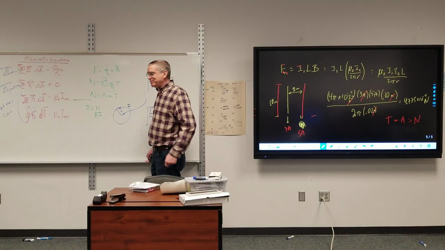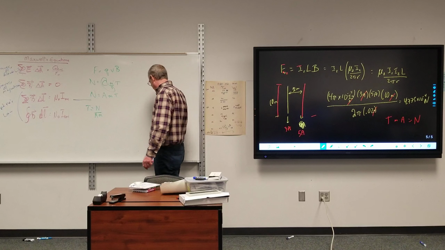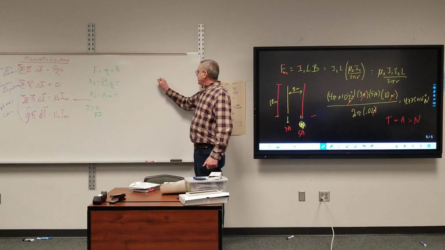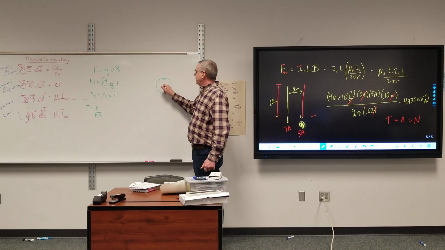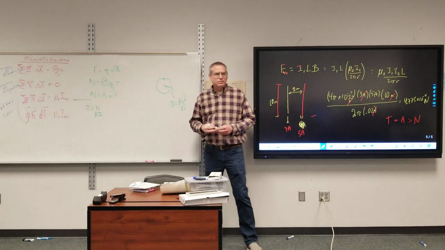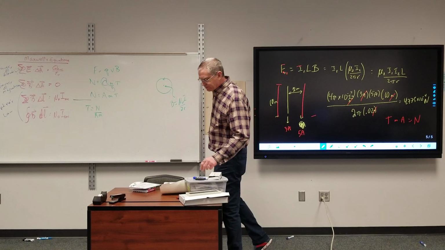Let's talk about the solenoid. The what? Solenoid. Okay then. If I take a loop of wire, I know the magnetic field in the middle is mu naught I over 2R. It requires calculus to derive it, so trust me.